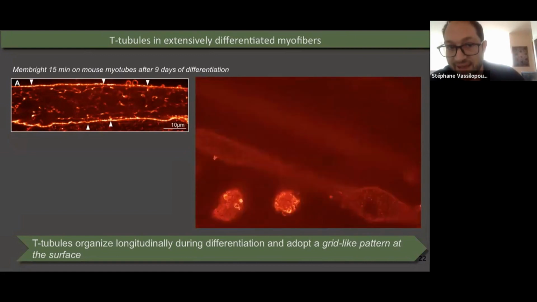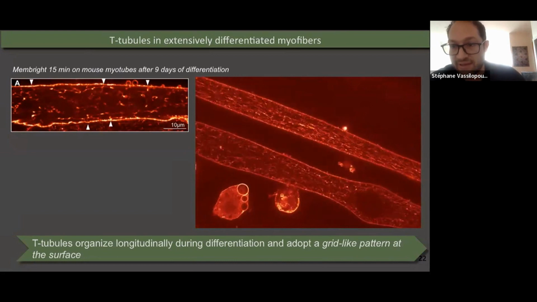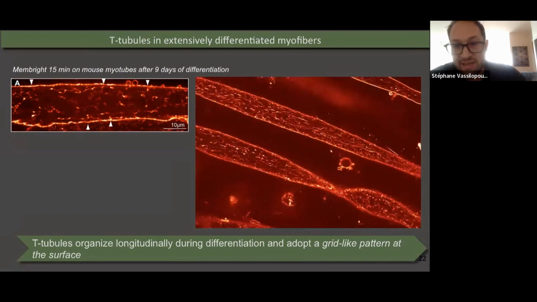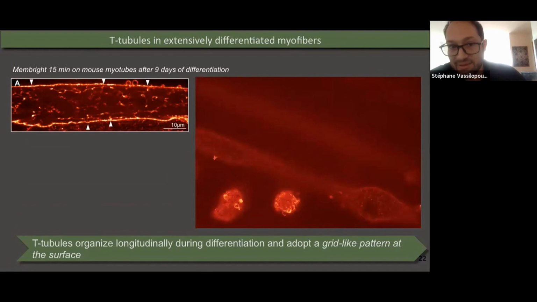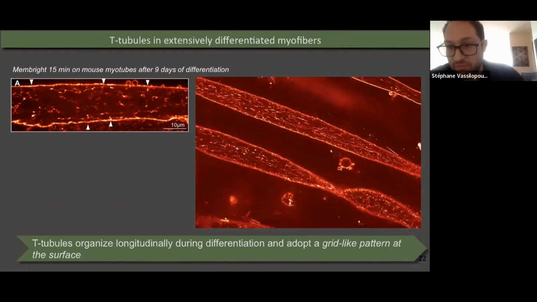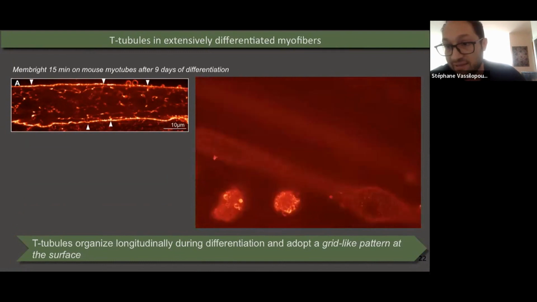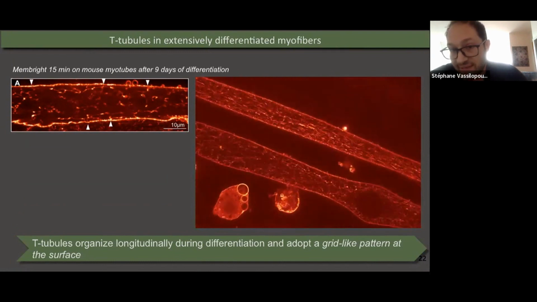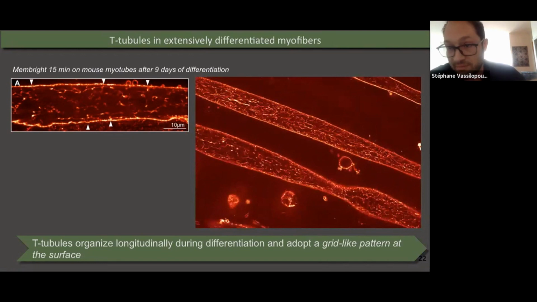Now, we found this dye called Membrite, which is a dye for live cell imaging, and which binds to lipids on the outer bilayer. So if you put this membrane dye in live cells, in the first few seconds it's only going to label the plasma membrane.